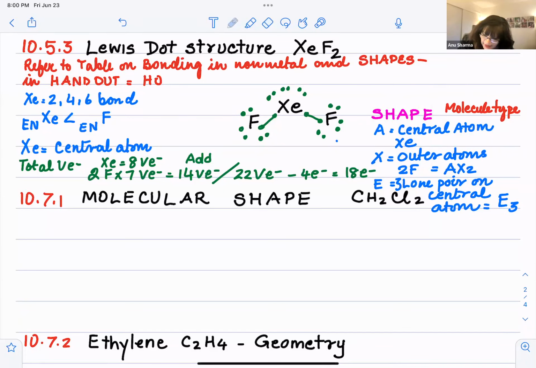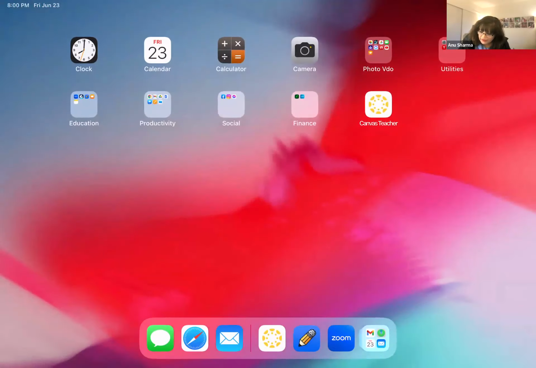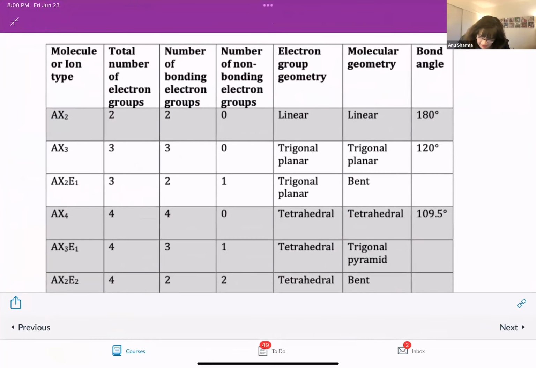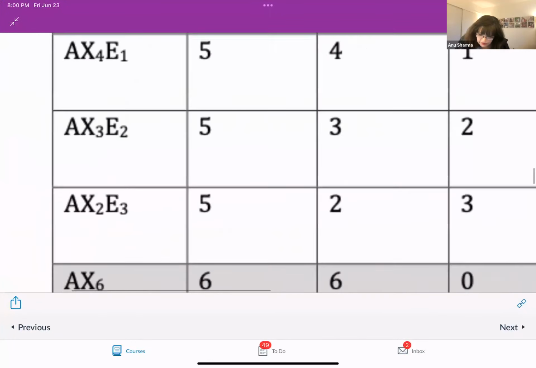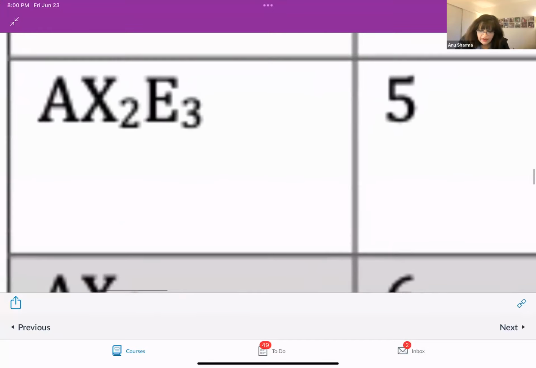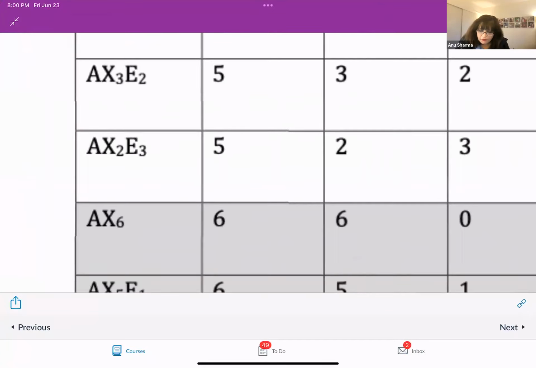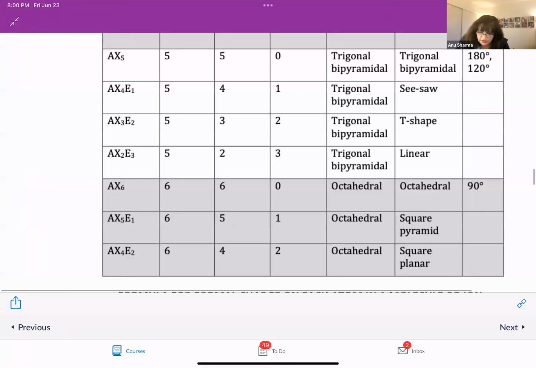Now we have what type it is. It is AX2E3. Now you look at the table, AX2E3, this one. 5 electron groups, right?